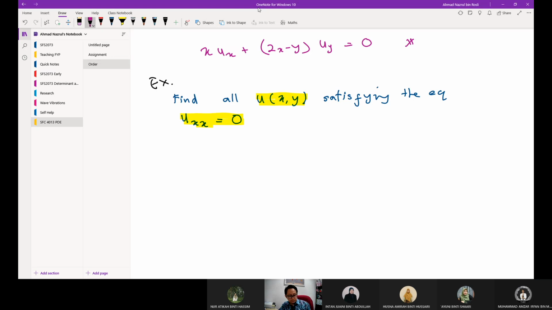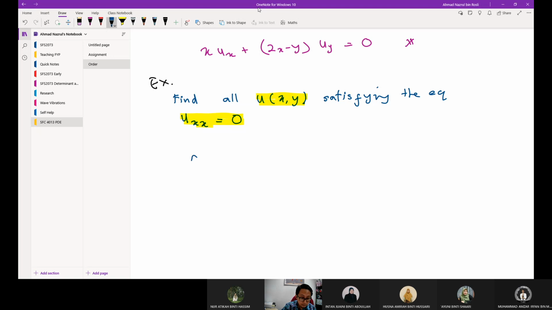So how to do this? You need to integrate. So first integrate the uxx for 0.